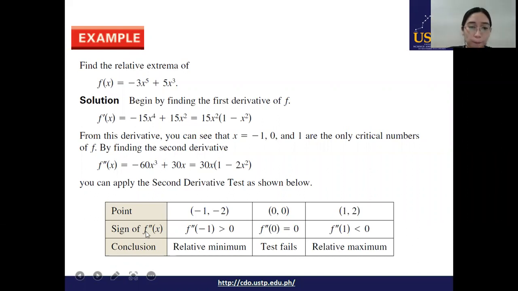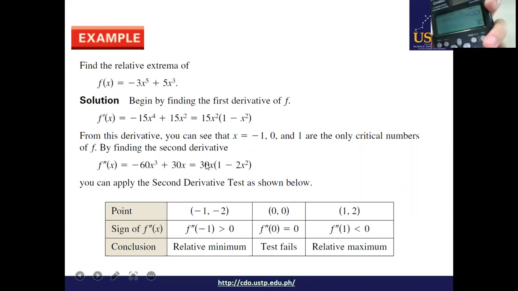So we need to find the sign of f double prime of x. So when we test the value -1 katong gikan sa imong critical number, so when we use the -1 sa ato ang second derivative test, so if we substitute -1, so -60 times the test value or the value of our critical point, which is -1 to the power of 3 or cube plus 30 times -1.